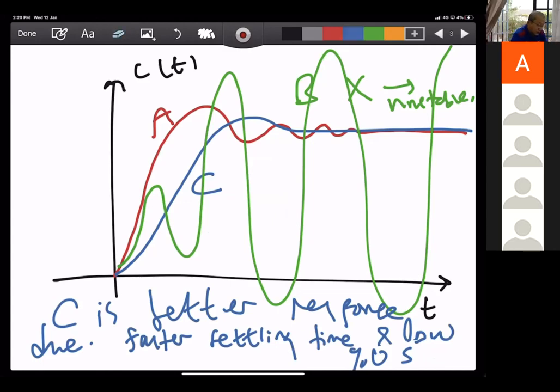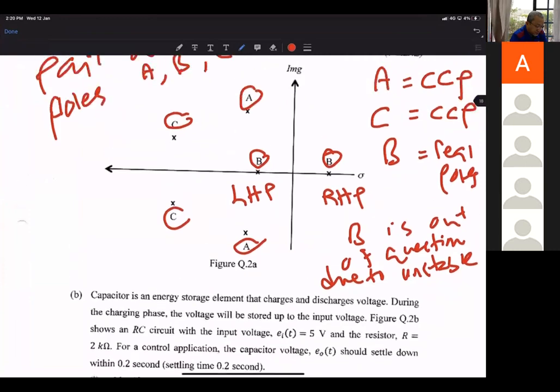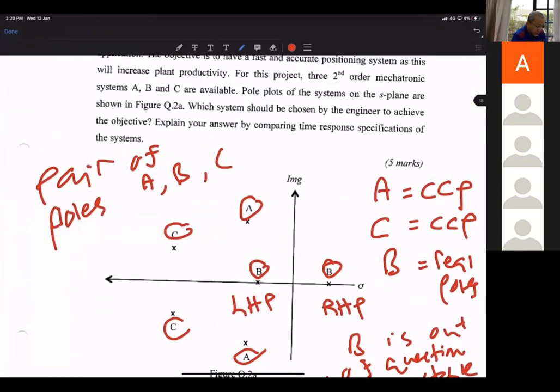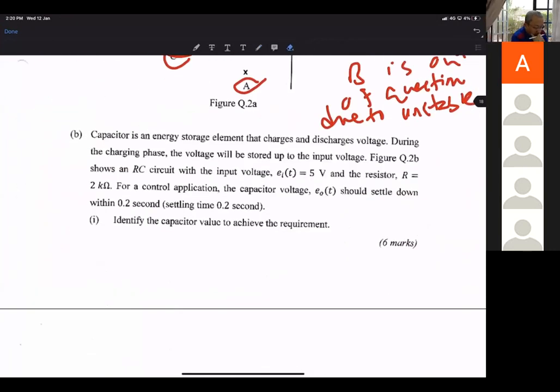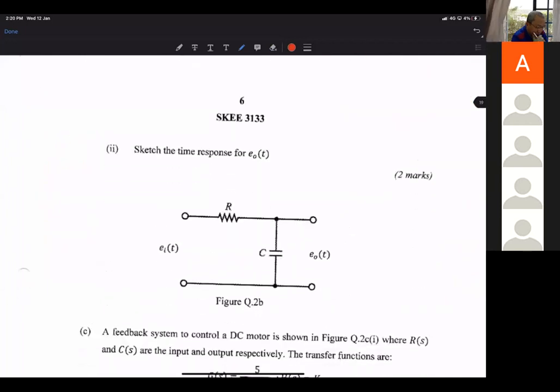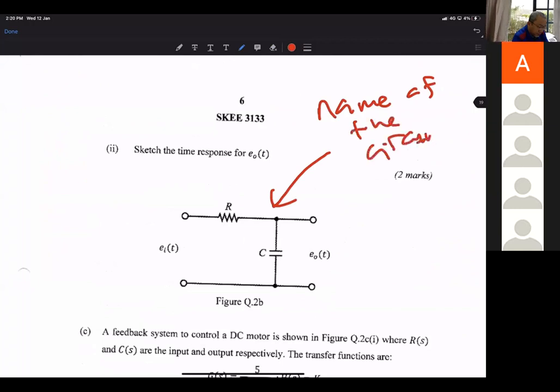Okay. So next question. The circuit is shown here. What is this circuit? The name of this circuit? You're in year 3, right?